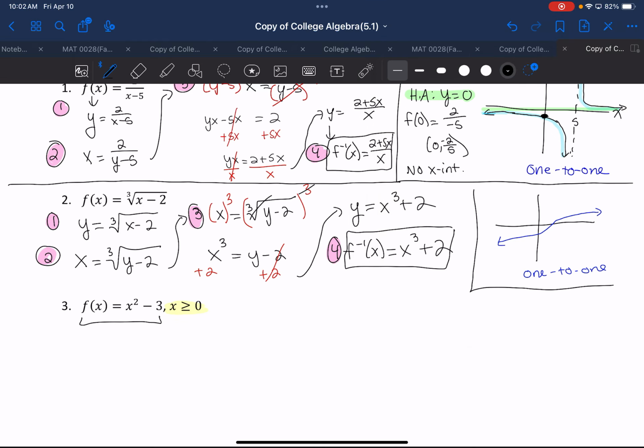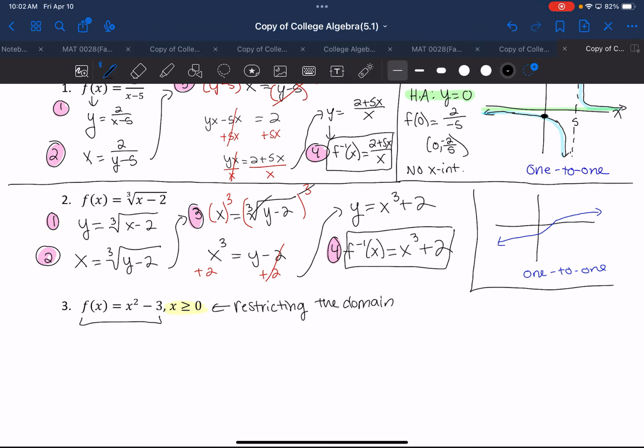So what does this mean? So when they give you an inequality like this for x next to a function, this is restricting your domain. So it's cutting off the x values that they want me to graph this function for.